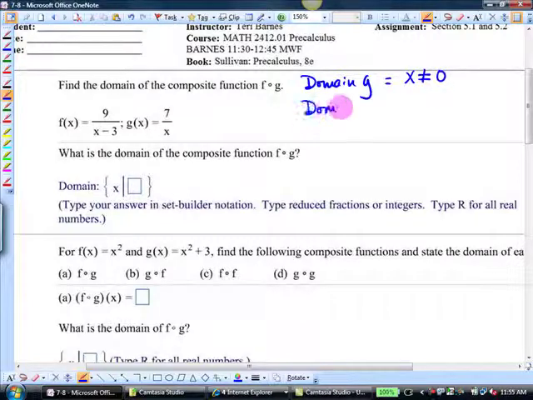And the domain of f, let's just go ahead and get these out, can't be 3. So we take the restriction of f and set it equal to this one, and then we solve for x.